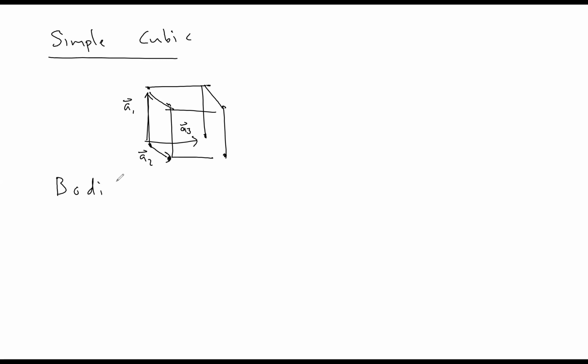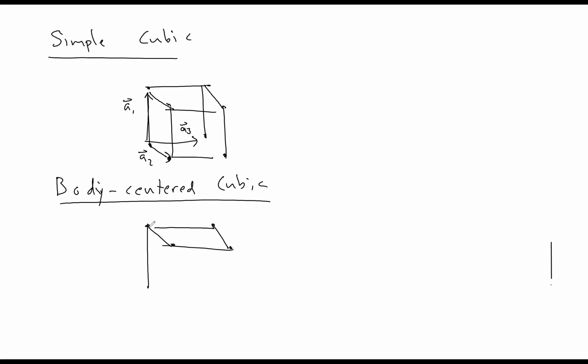Another 3-dimensional Bravais lattice that's worth remembering is body-centered cubic. This looks like a cube with an additional point right in the middle of the cube.